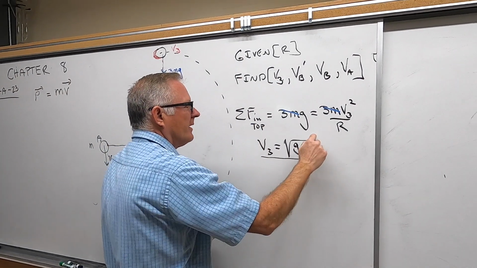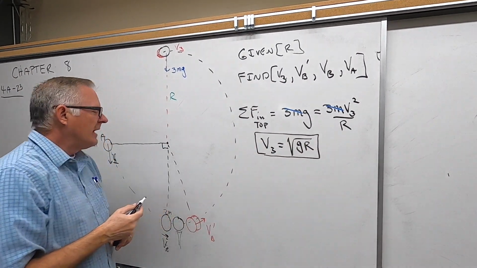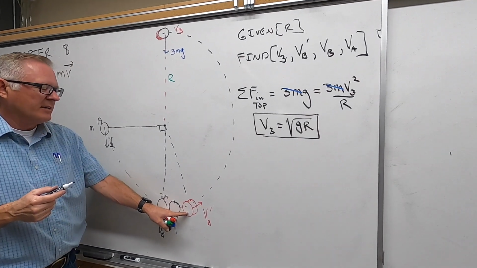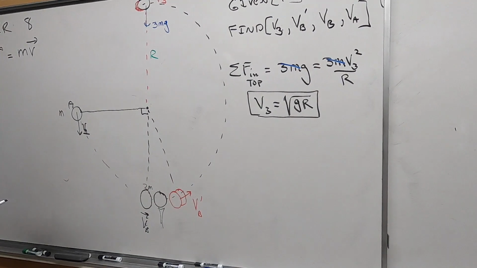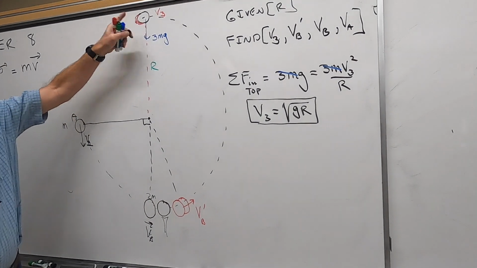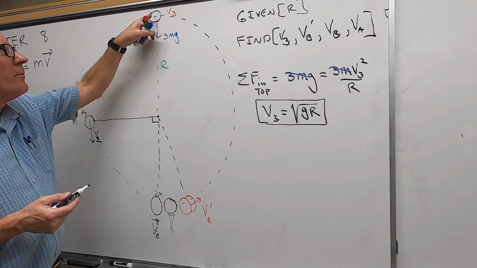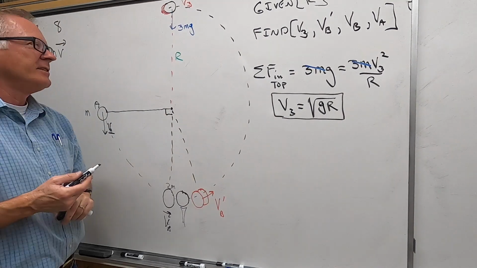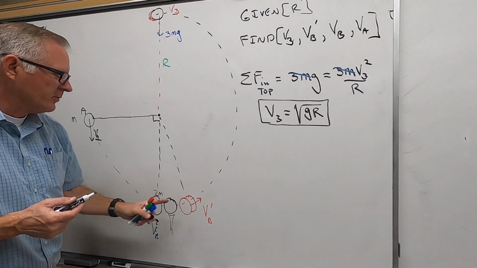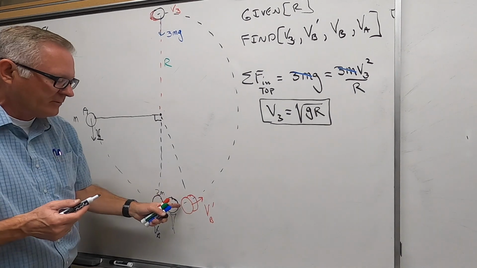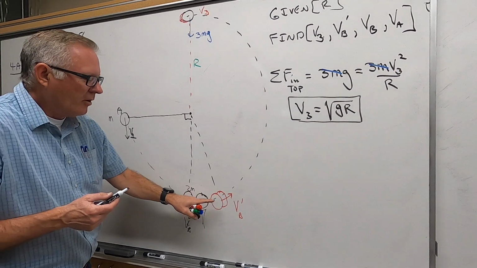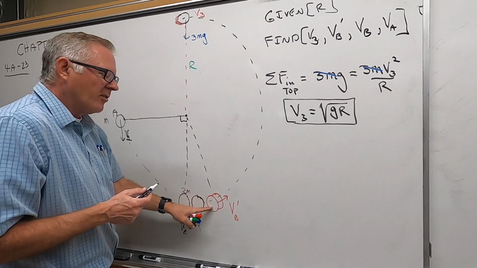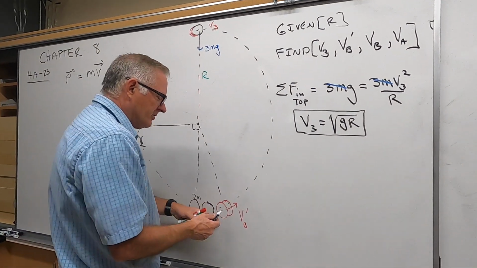We've got the V3. So now what I'd like to do is find the velocity right after the collision. I want to work this thing backwards in time, because I was given that information. Between here and here, we can use energy. There was some energy loss in the collision, but we're looking at after the collision. So all the energy right there is all kinetic because you're right at the ground.